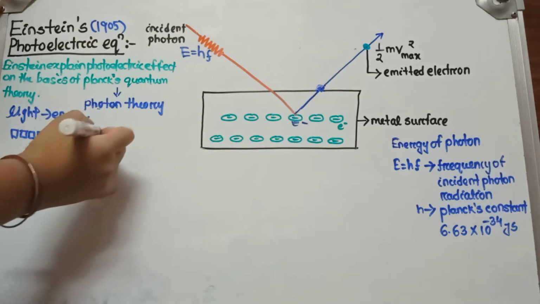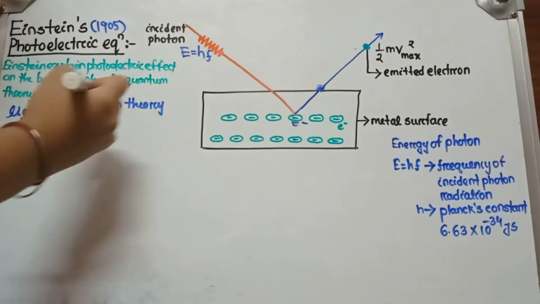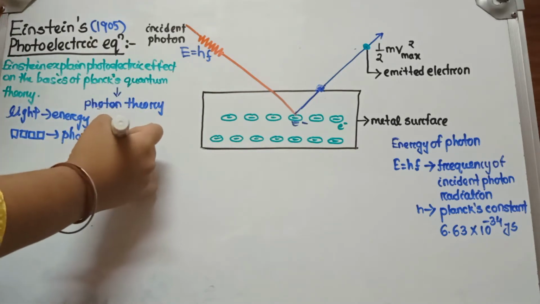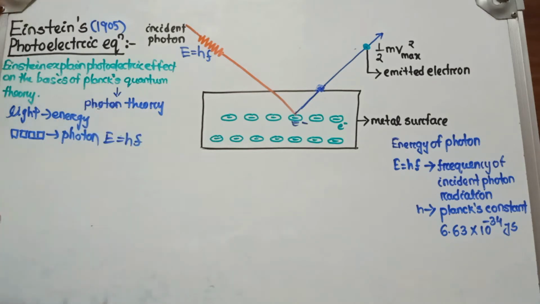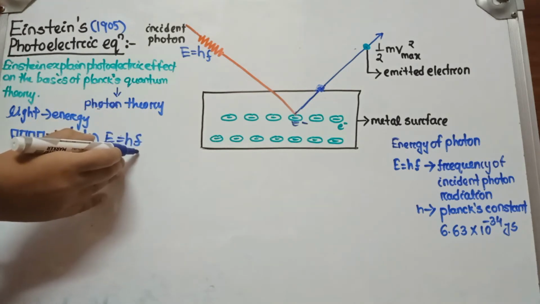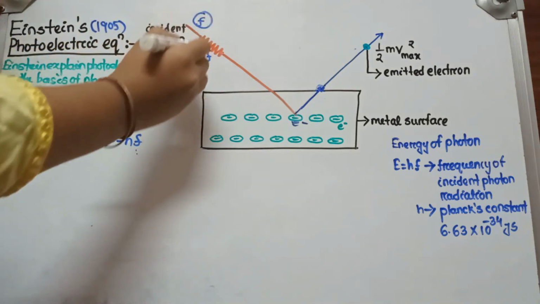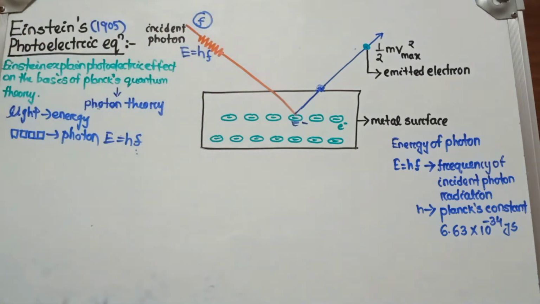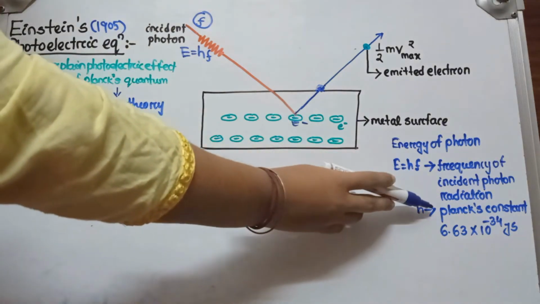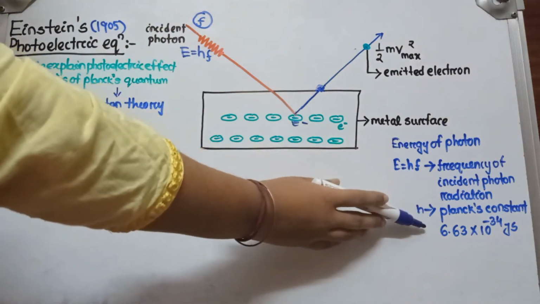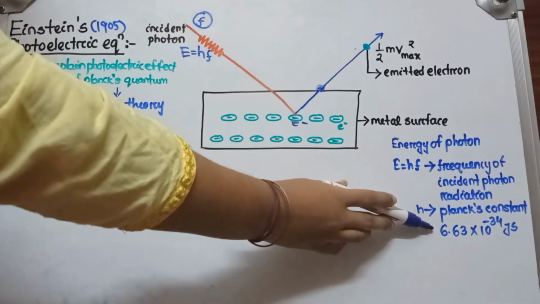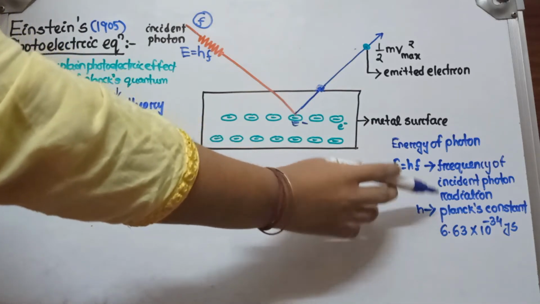The energy of a photon, that is E, equals hf, where f is the frequency of this incident photon, and h is Planck's constant, whose value is 6.63 into 10 to the power minus 34 joule second.